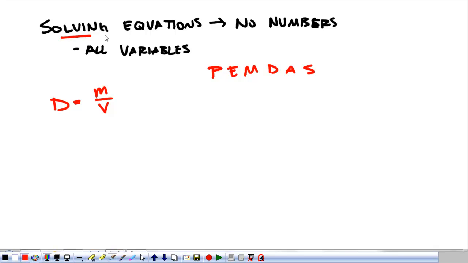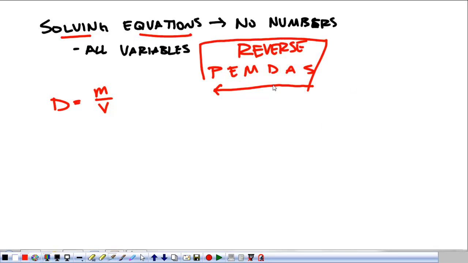When we are solving equations, however, we do the reverse of this. Reverse PEMDAS. We start with subtraction and addition, then we multiply and divide, then we do things with exponents. We will look at many examples of this. Okay? We're going to keep the reverse PEMDAS thing in the back of our heads for everything that we do.